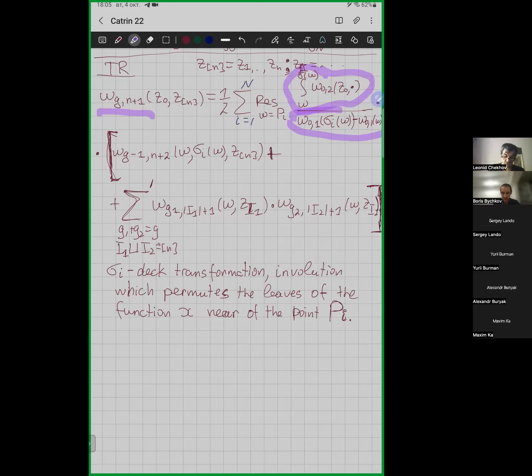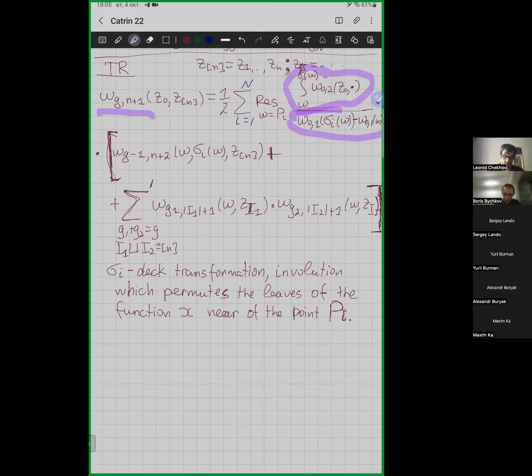So you may start to think about all this stuff as some odd form due to this involution, because the even part disappears.